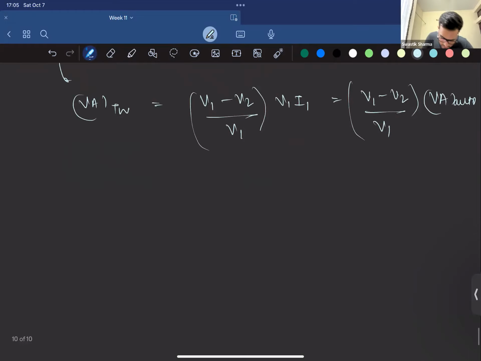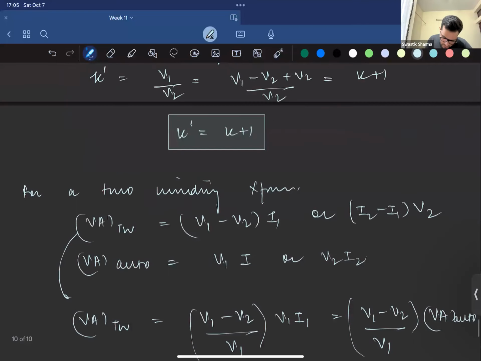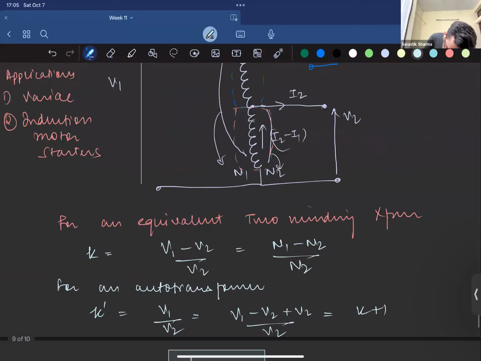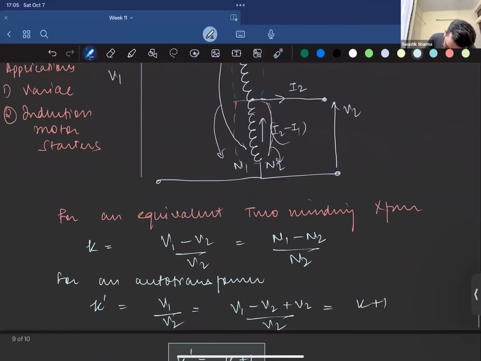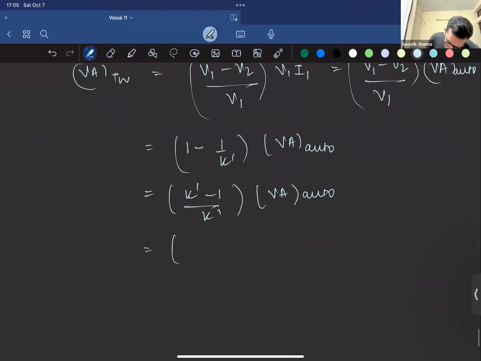I can do this. So this will give me 1 minus V2 upon V1, which is nothing but 1 upon K dash, right? Which can also be written as K dash minus 1 upon K dash times VA auto, which is K plus 1 minus 1 upon K plus 1, right?